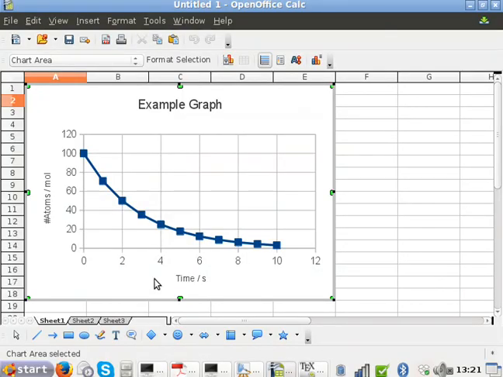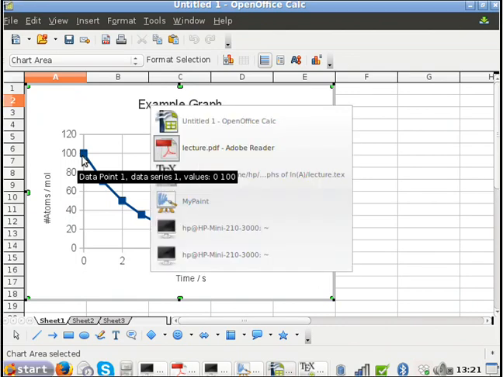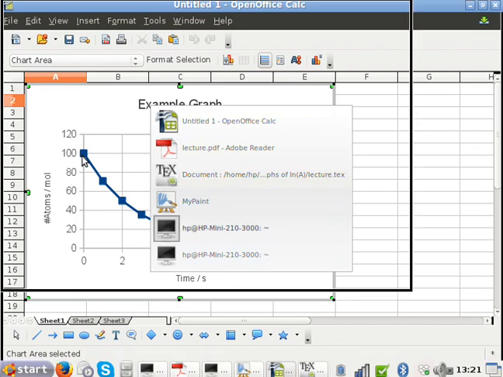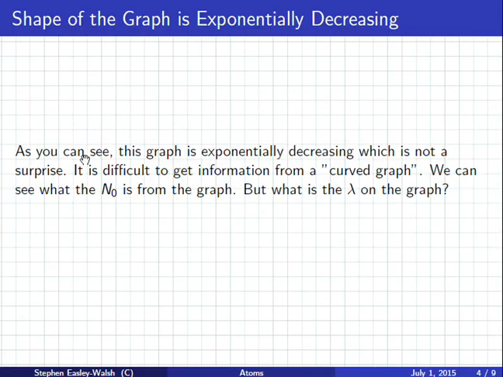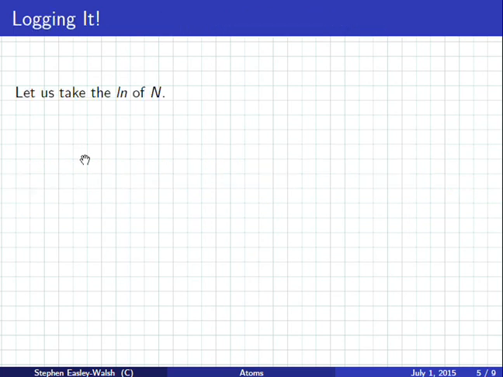The N0 is the N at the start, and here you see it's 100. That's the N at the start. But you couldn't, for example, see what the decay constant is. This graph is good, but it's not so useful. So we need to do something about this.